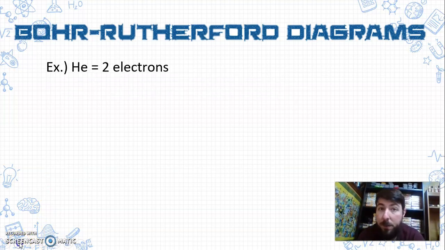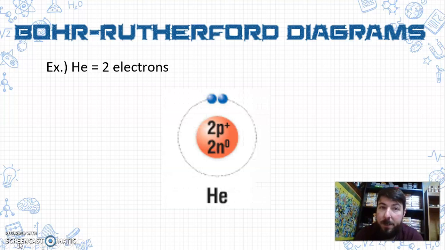So here's an example. This one is for helium. Helium has an atomic number of 2. That means that it has 2 protons, and it also has 2 electrons. You might be wondering how we know that it has 2 neutrons as well. Well, helium has an atomic mass of 4, and the atomic mass is the number of protons plus the number of neutrons.